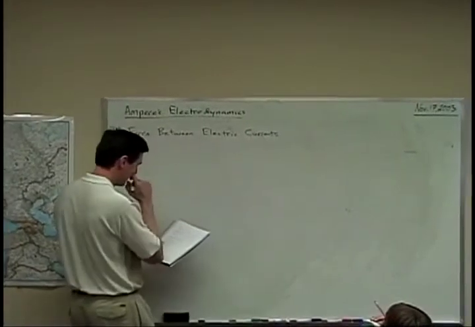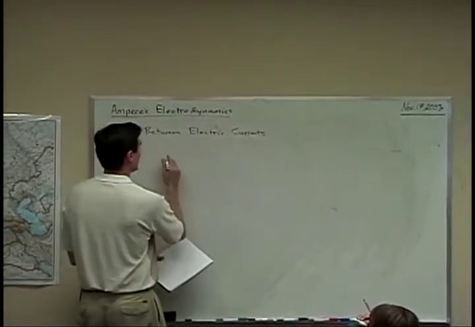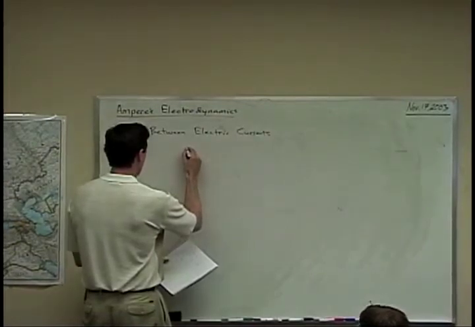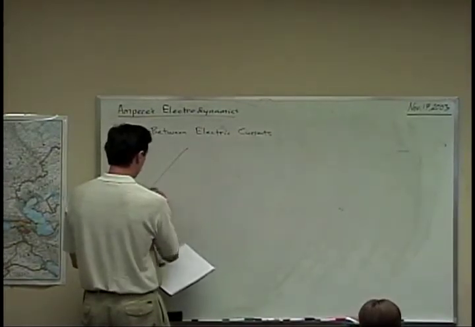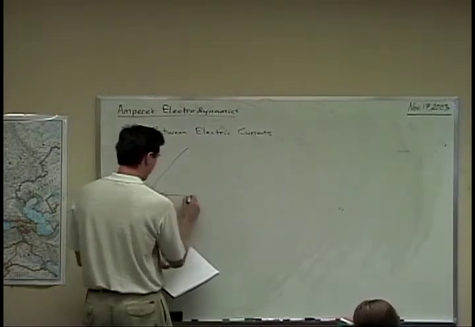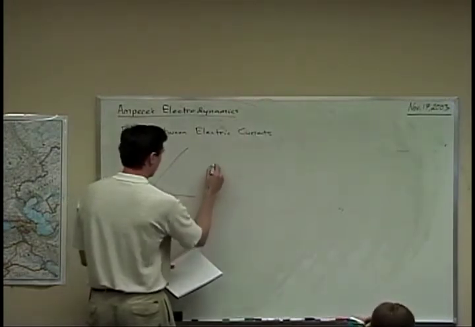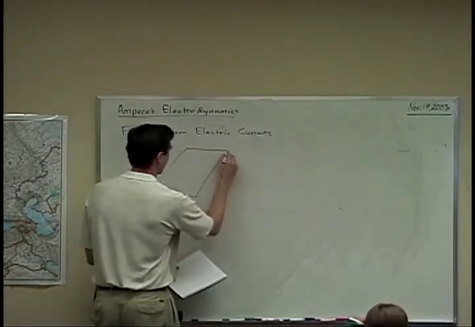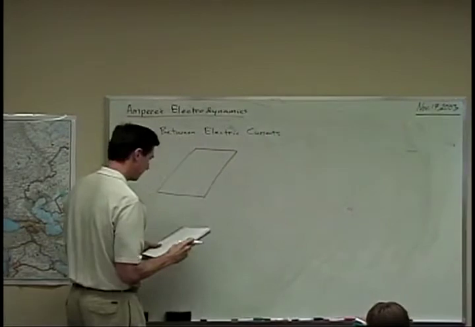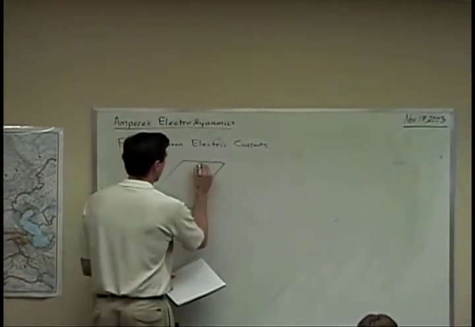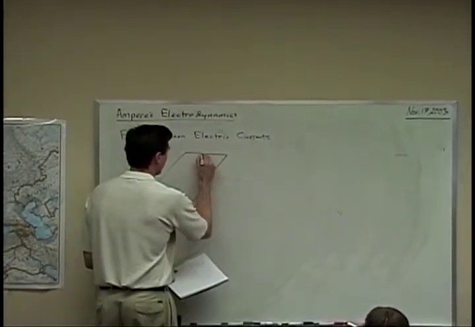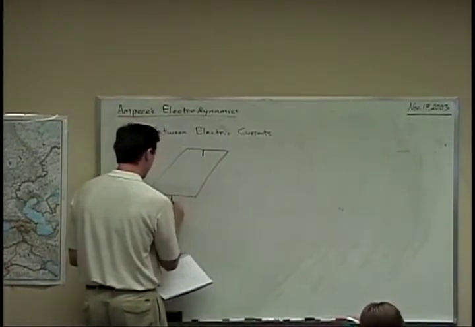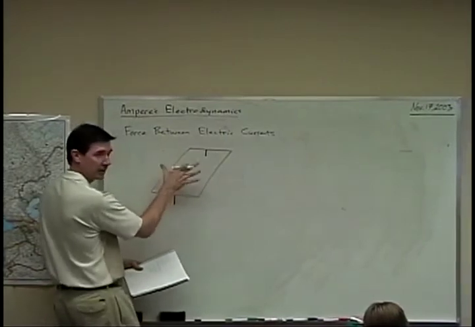Let's say that we have, again, a rectangular wire, and we have it raised up off the ground on some sort of pivot so that it can tip.